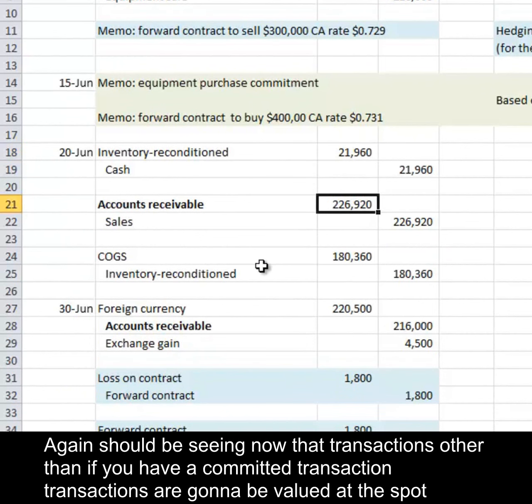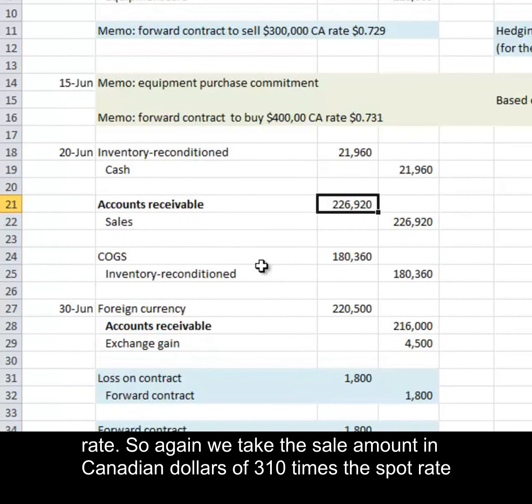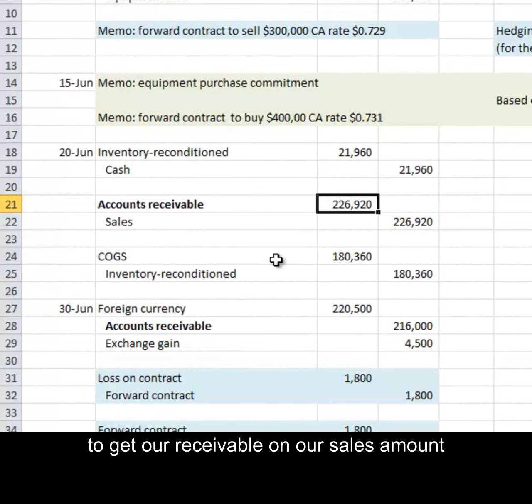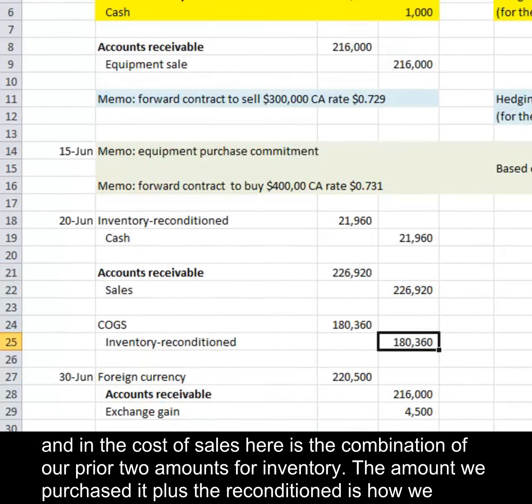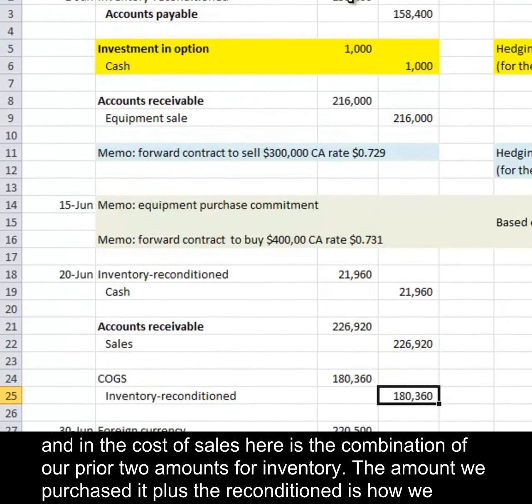Again, you should be seeing now that transactions, other than if you have a committed transaction, are going to be valued at the spot rate. So again, we take the sale amount in Canadian dollars of 310 times the spot rate to get our receivable and our sales amount. And then the cost of sales here is the combination of our prior 2 amounts for inventory.